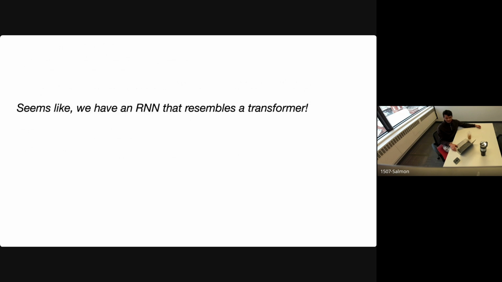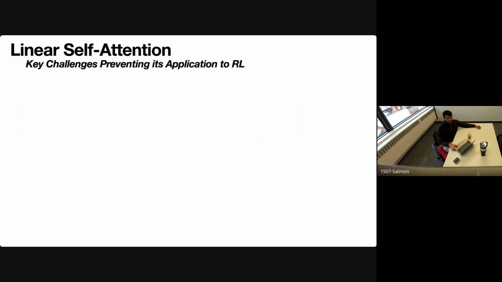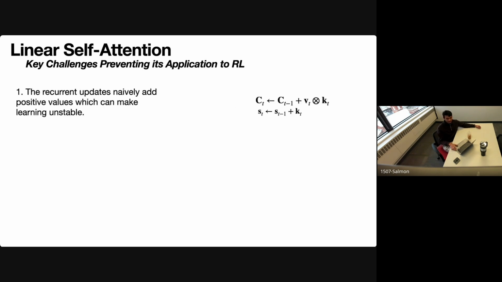So it seems like we have an RNN already that resembles a transformer. Does that mean the problem is solved? Can we just apply this architecture? Well, not really. There are some challenges to the linear transformer mechanism that we are going to address in this work. The key challenges that prevent the application of the linear transformer in RL are the following.